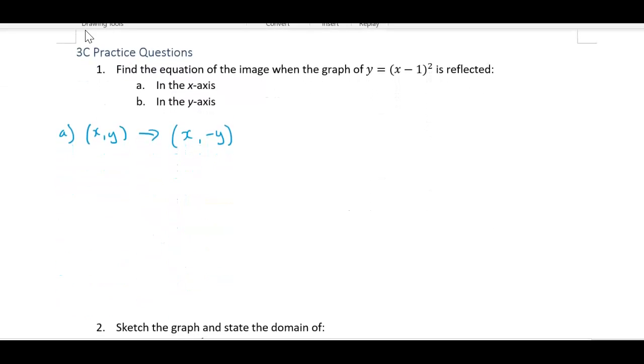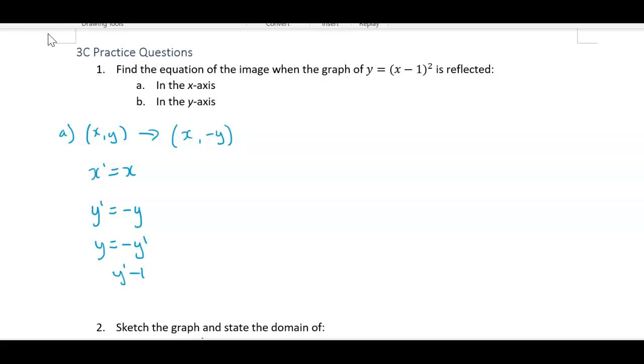So that means the image of x is x, it remains unchanged, and y becomes negative y. So I just need to rearrange that to get the original y, so y dash. And then we substitute it into our equation. So I'll just do that down here so we've got enough space.